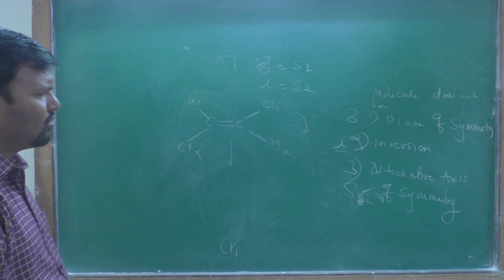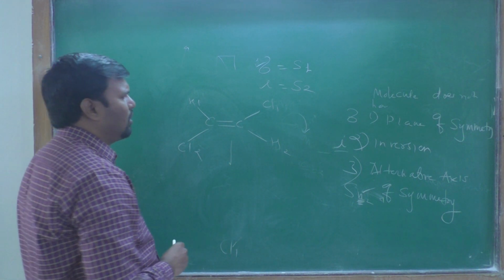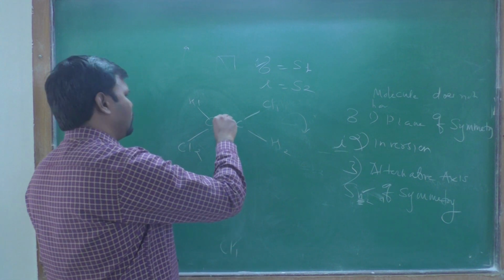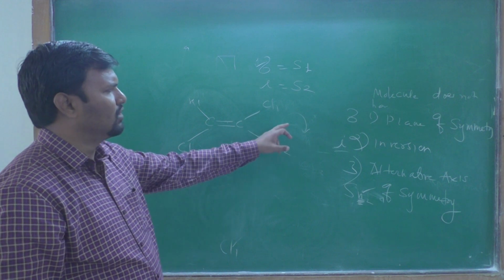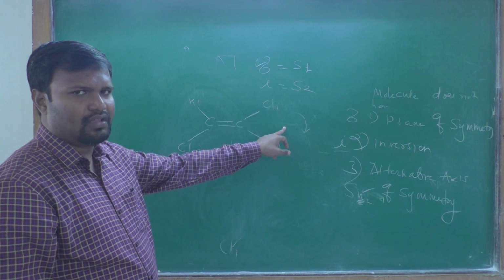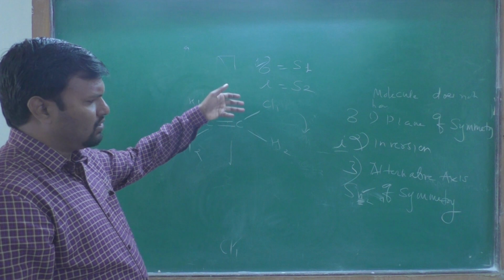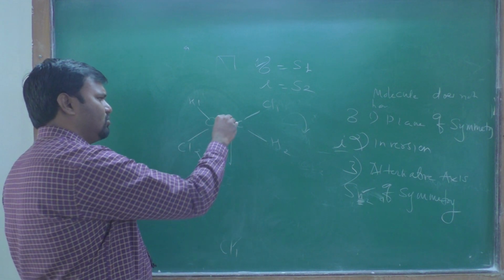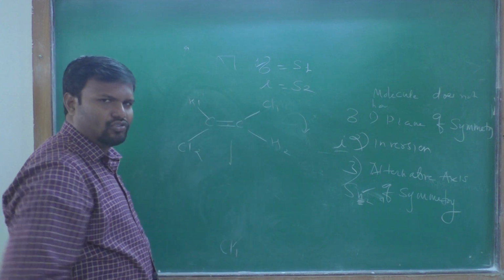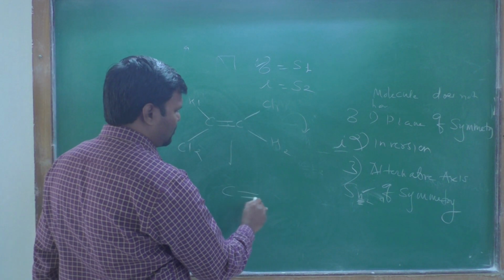Suppose you rotated that molecule through a 360 rotation. If you rotate through this 360 rotation, you will not obtain the S2 axis. Your axis passes through like that and you rotate by 360 degrees.